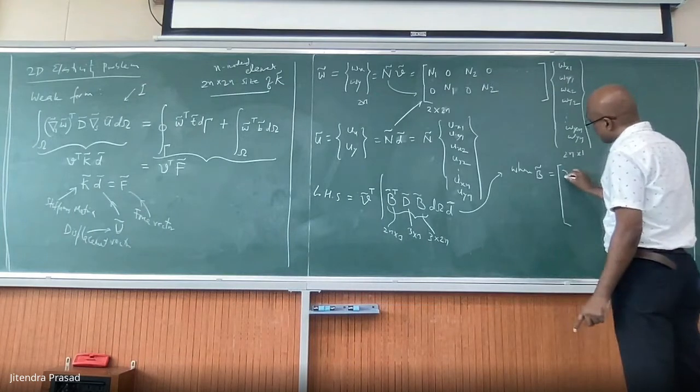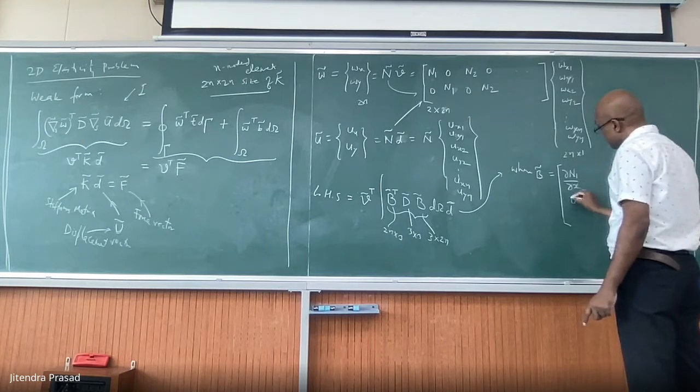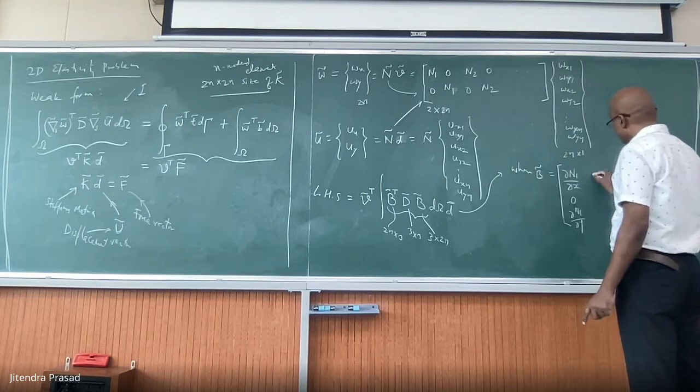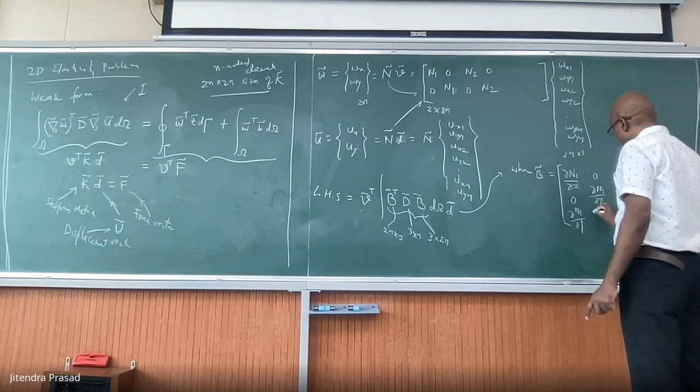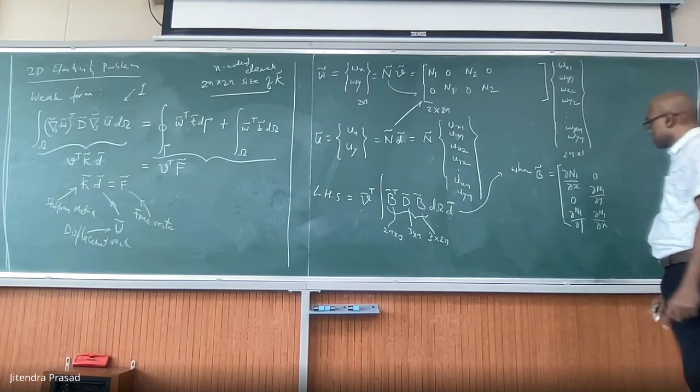So B is 3 by 2n. You remember: del N1 over del x, 0; 0, del N1 over del y; del N1 over del y, del N1 over del x.